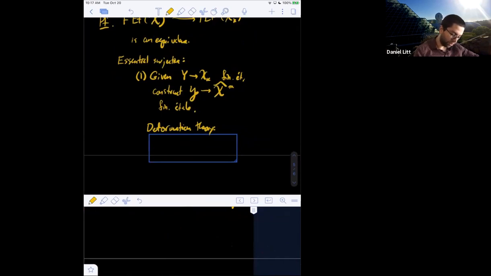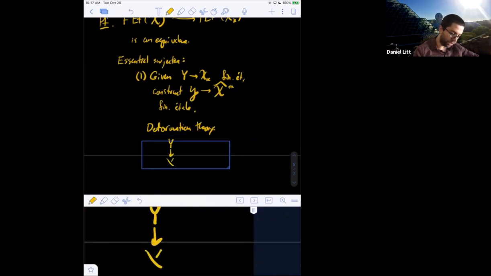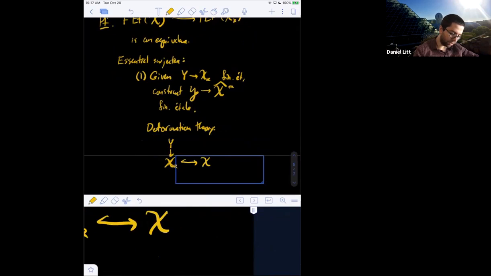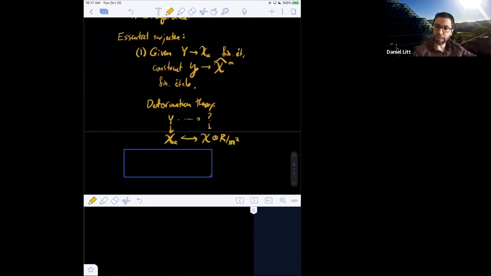Let's just do the first step. We have Y to X_k, sorry, that's a curly X, and this maps to X tensor R mod m squared. And then we want to fill in this diagram with something like this, and we want to understand the uniqueness and existence properties of that question mark. Do you guys agree that this is kind of the first step of what we want?